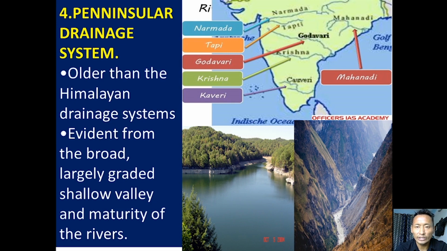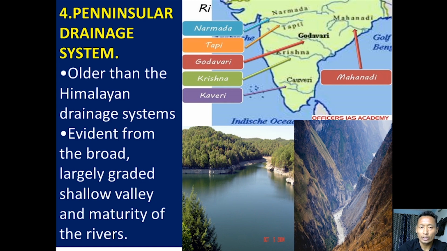Another reason we can know why Himalayan river systems are much younger is the evidence of broad, largely graded shallow valleys.